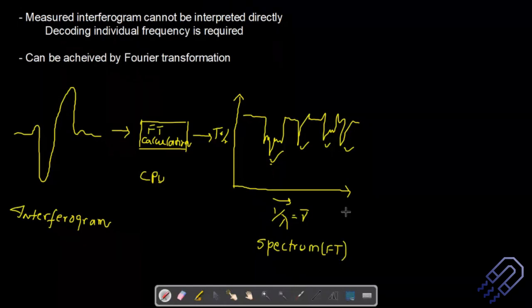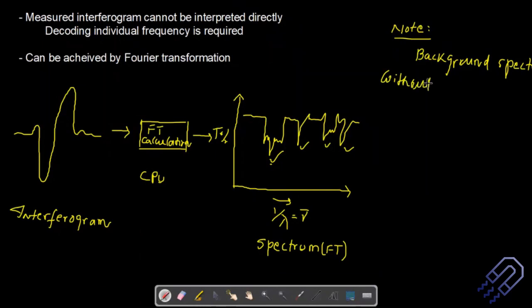We can also take up the background noise. If we do this, the background spectrum can be removed. A background spectrum without the sample is taken.